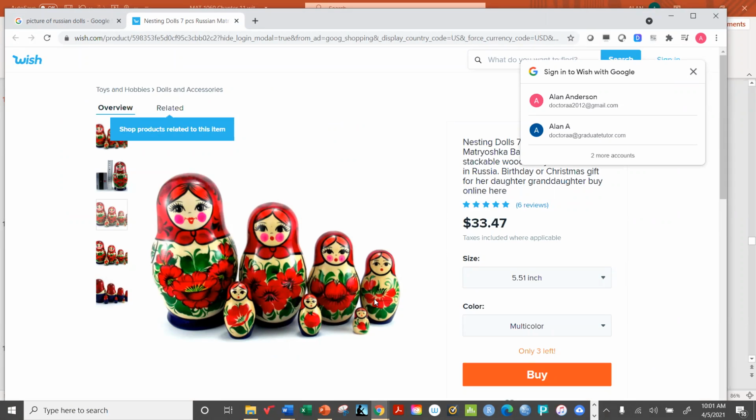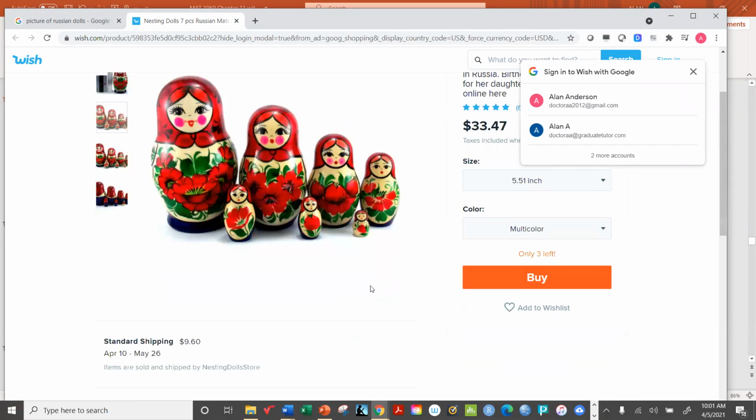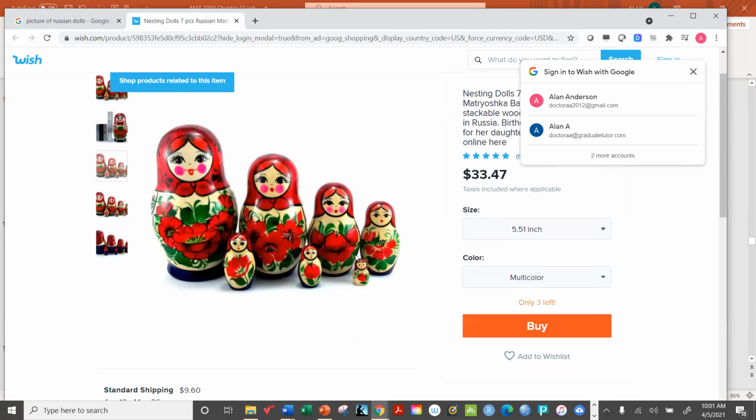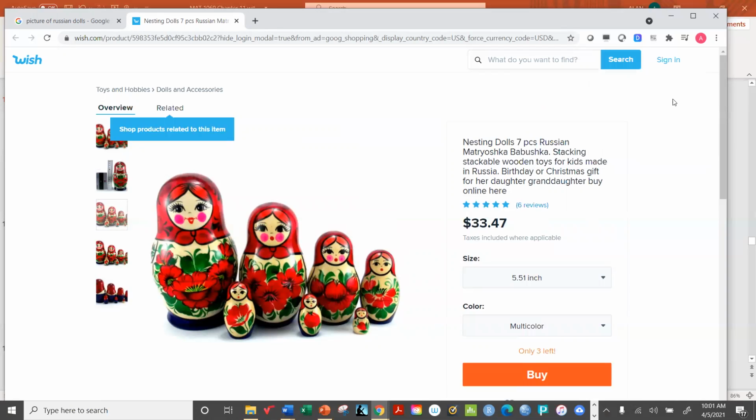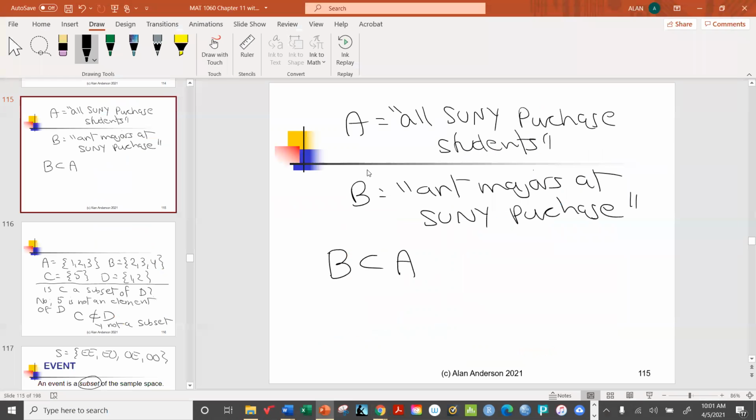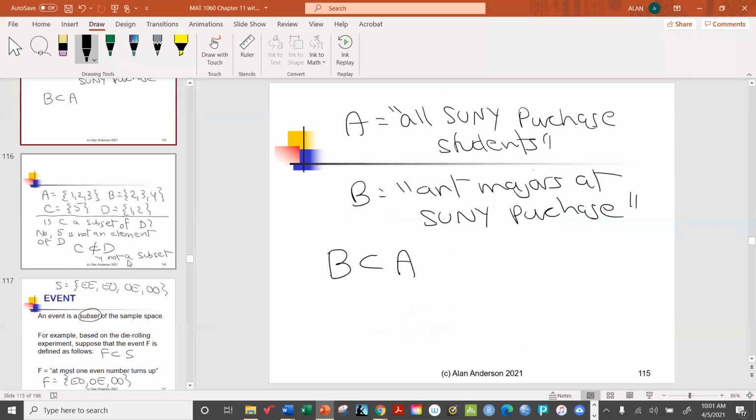In other words, all these little dolls are subsets of the big doll. Have you ever seen these before? They all fit right inside of each other. So when you open up the big one, it contains all these little ones, and they're called Russian dolls. That's probably not the formal name, but that's what we tend to call them. Everyone knows what they are because it just means all the dolls fit inside of each other. They're all subsets of each other. So that would be a real world example.